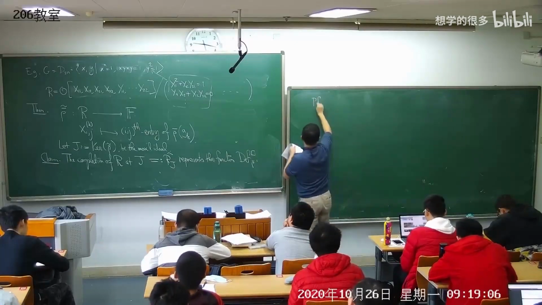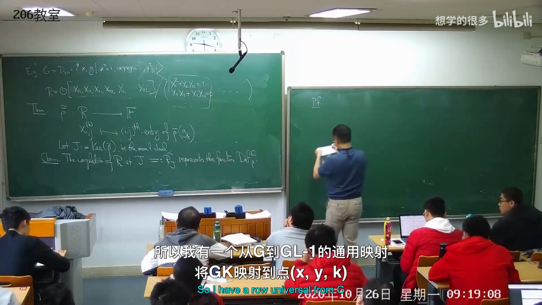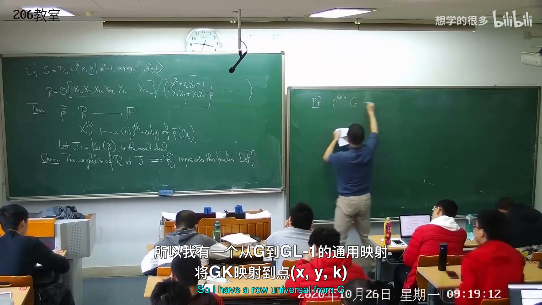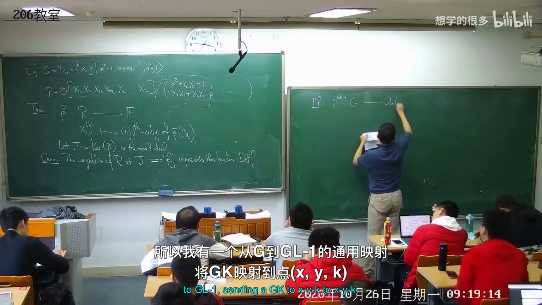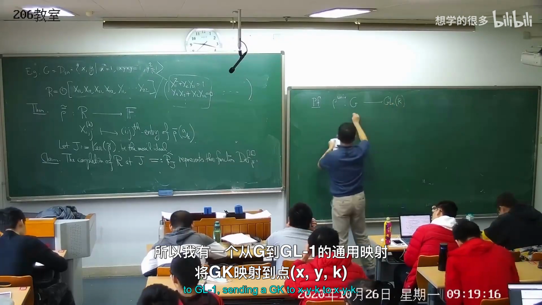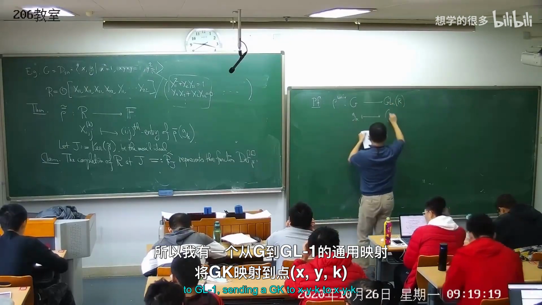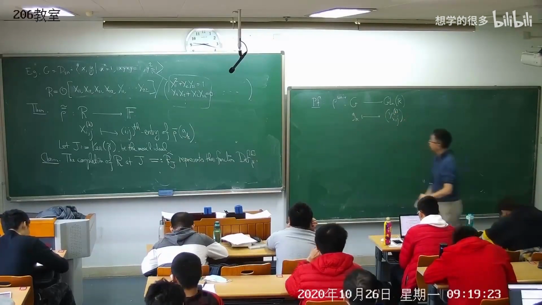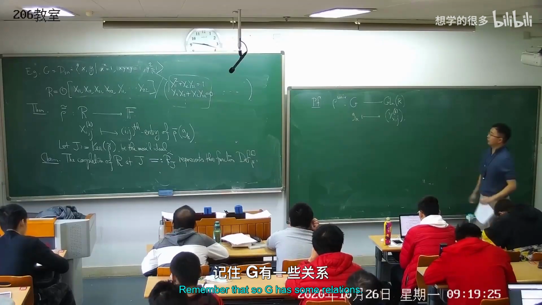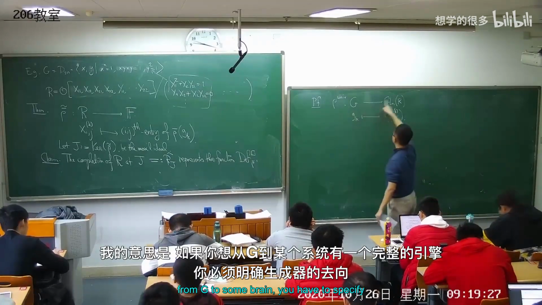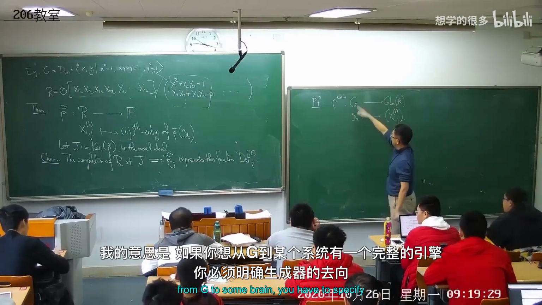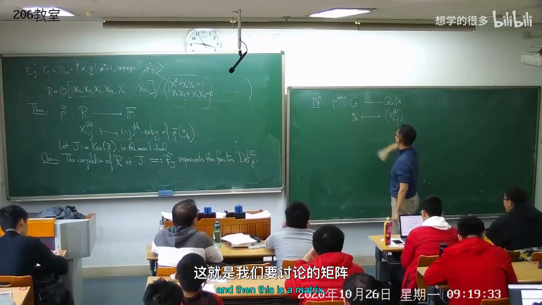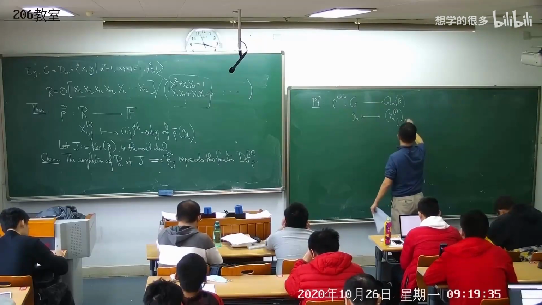Proof. So I have a universal rho from G to GL_n(R), sending g_k to x_{ijk}. Remember that G has some relations. If you want a homomorphism from G to some ring, you have to specify where each generator goes, and this is a matrix.